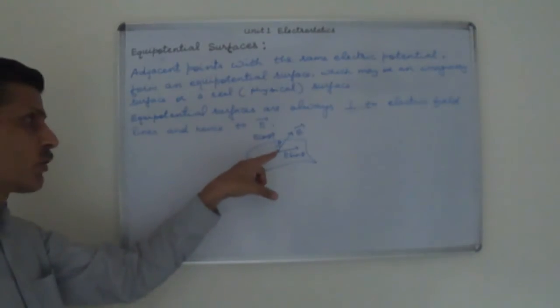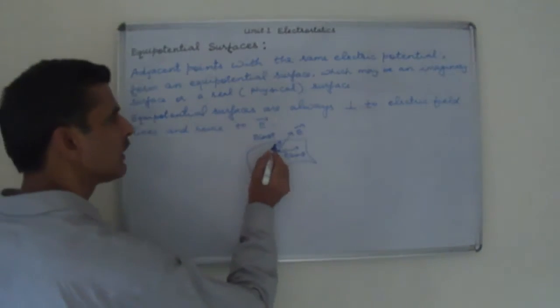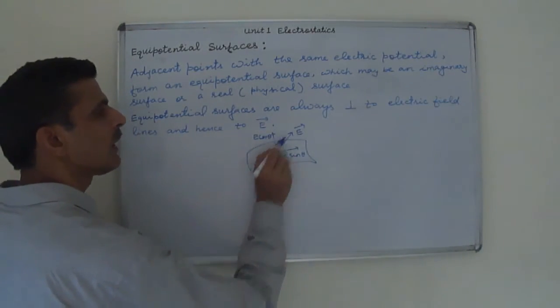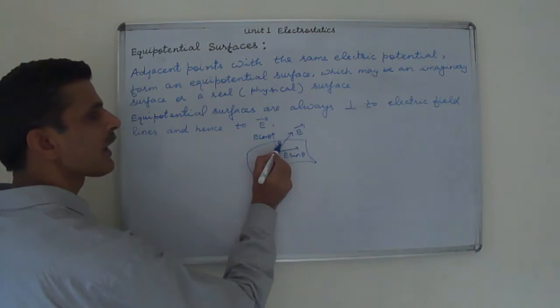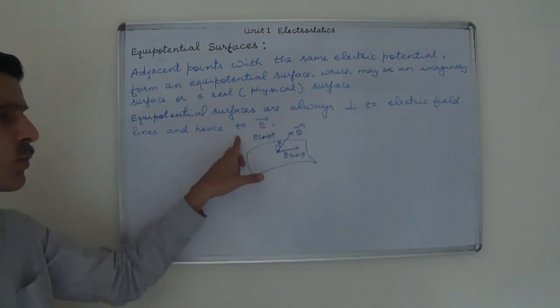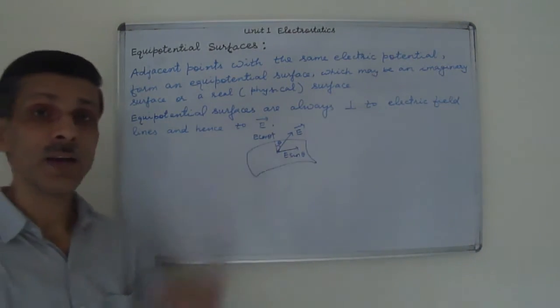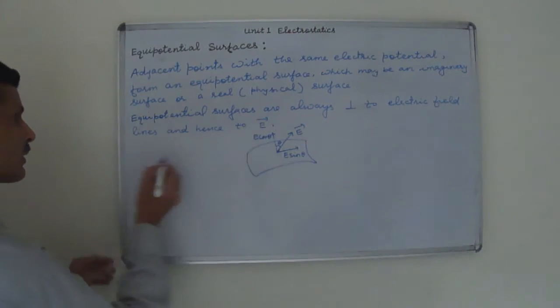If possible, let us assume electric field is not perpendicular to the surface, it is in a direction at angle theta with the perpendicular. Then it can be resolved into two components, E cos theta perpendicular to the surface and E sin theta tangential to the surface.